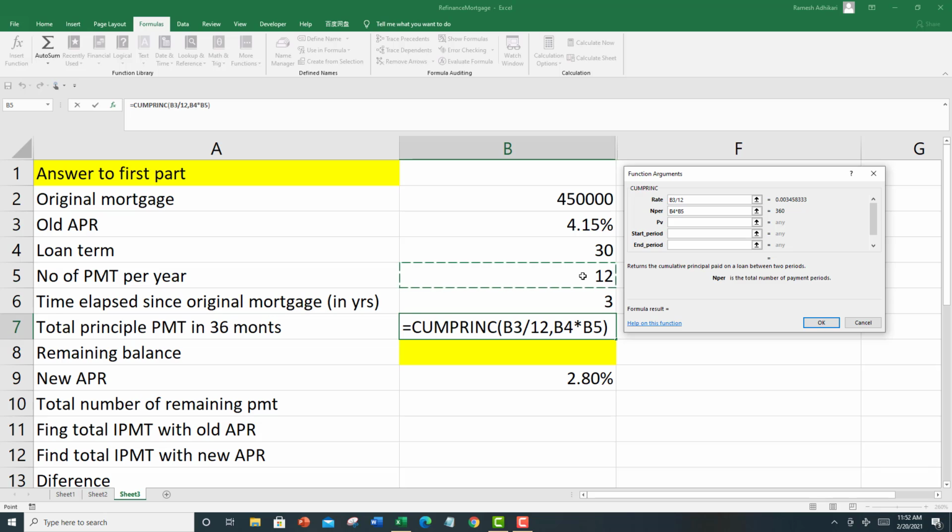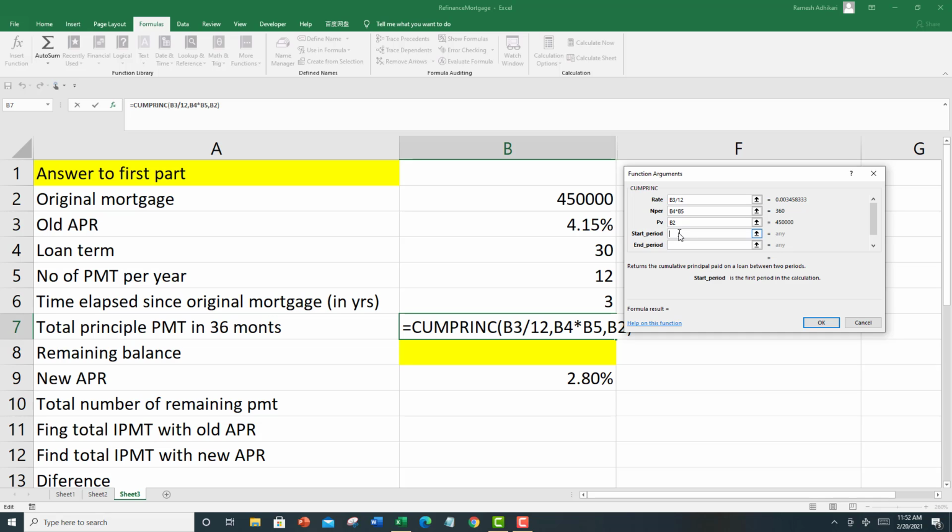That gives us the total number of payments, and here's the principal. Principal basically means your loan amount, and in our case is 450,000, right? And here's a starting and end period, meaning you want to calculate the cumulative principal payment from which period to which period.